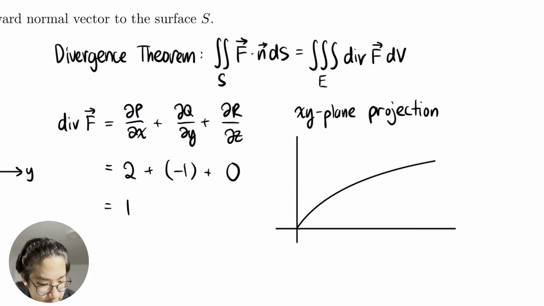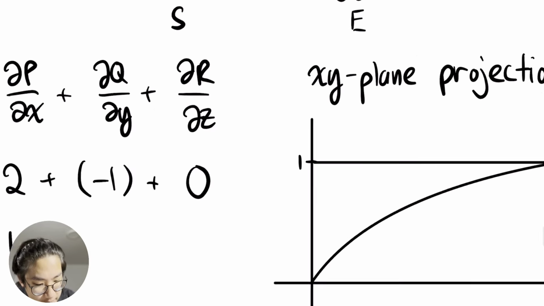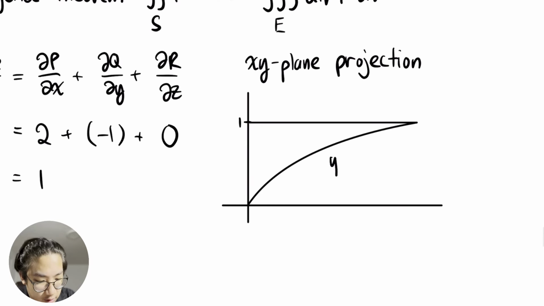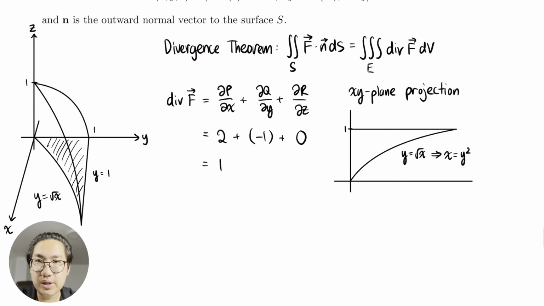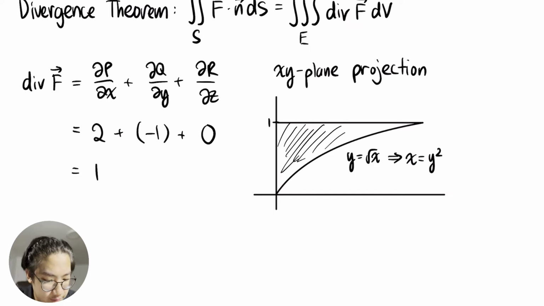Let's say this here is 1, and then we can draw this line back here. This is again y is equal to root x. We'll also rewrite this as x is equal to y squared. It'll be useful later on when we quantify this solid.